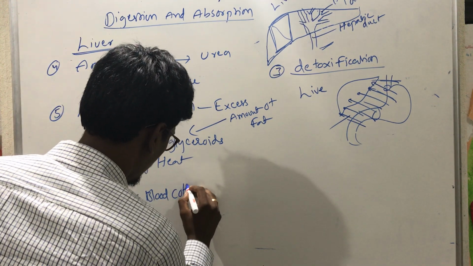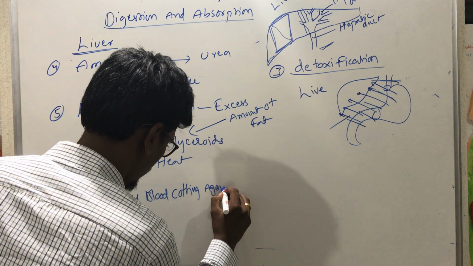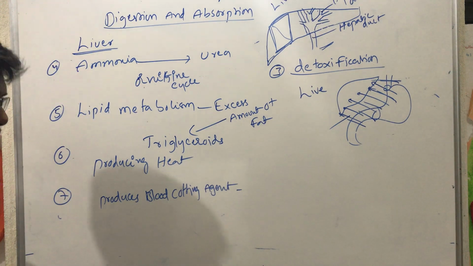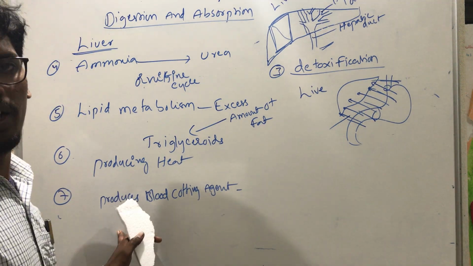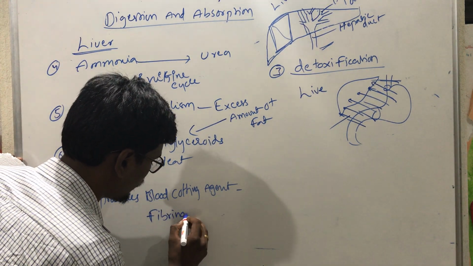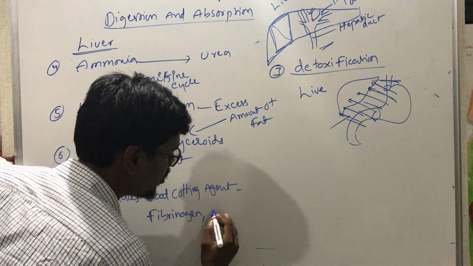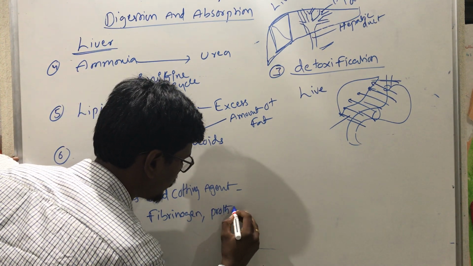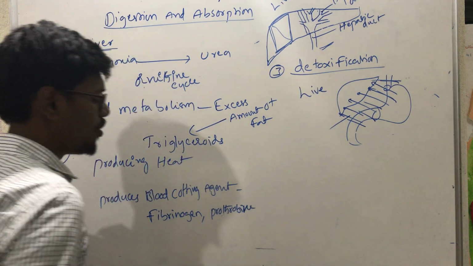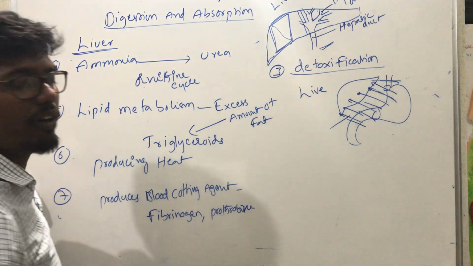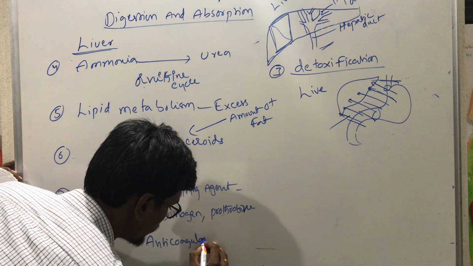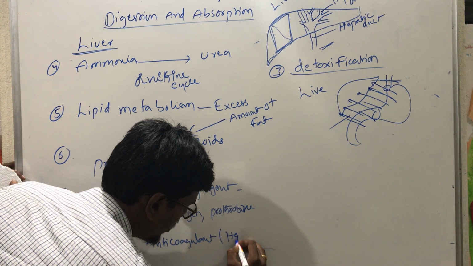Blood clotting agents means it releases fibrinogen and prothrombin, and the anticoagulant agent is called heparin.